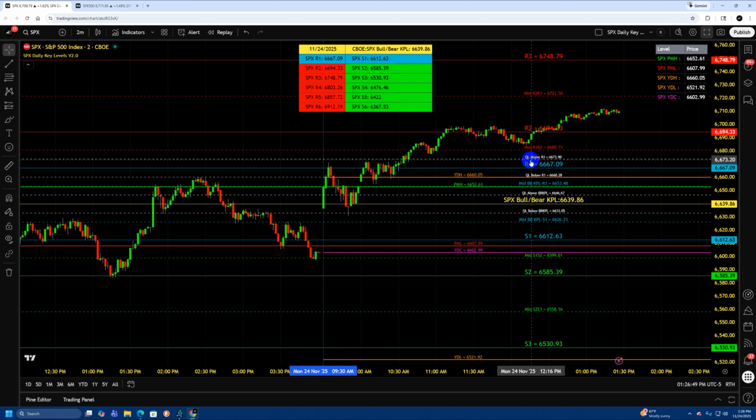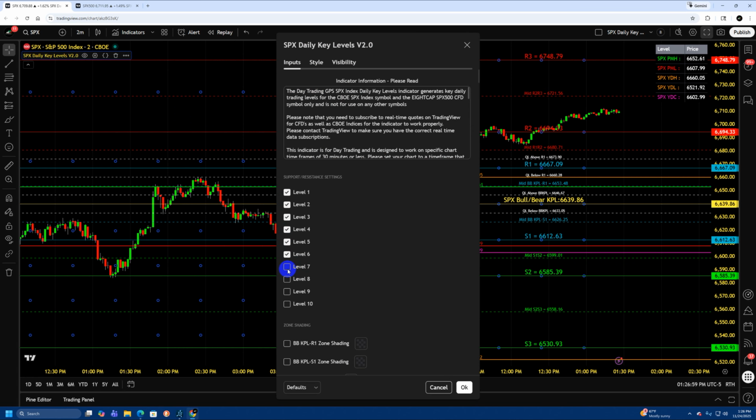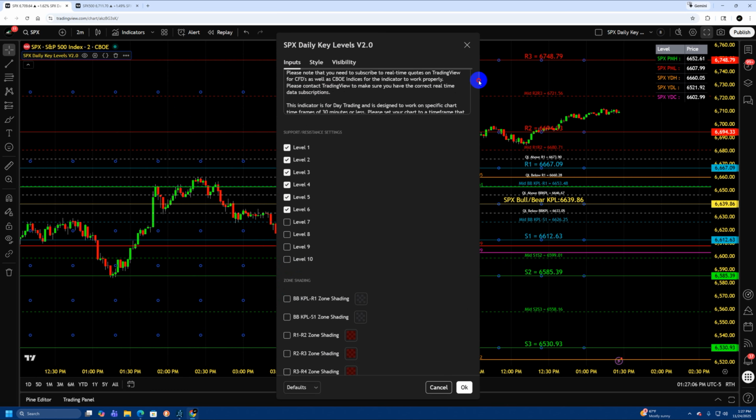Also, the V2.0 indicator also has additional levels above R6 and below S6. So for example, you can come in here and you can turn on levels 7, 8, 9, and 10. Now, these levels would be used in extreme volatility situations.